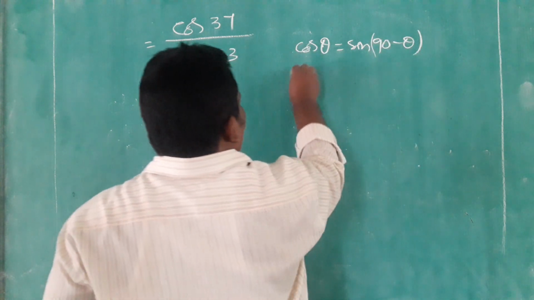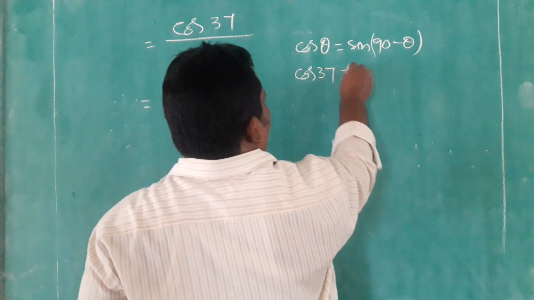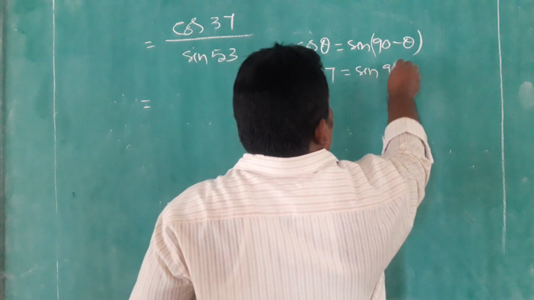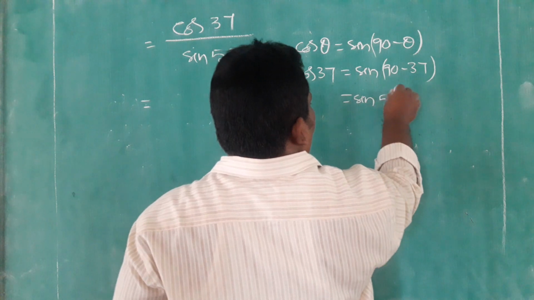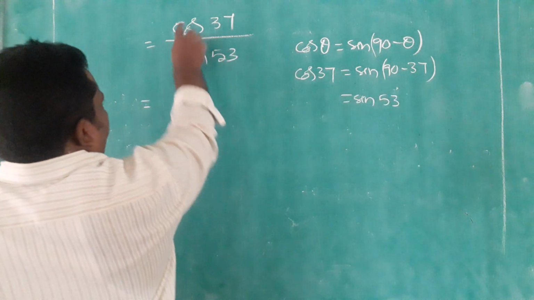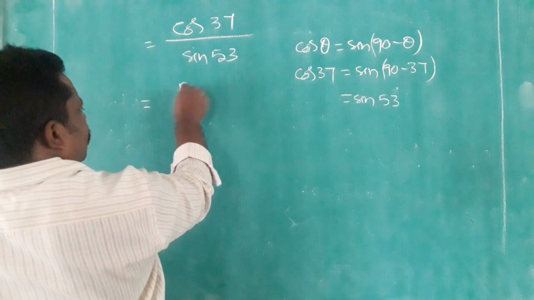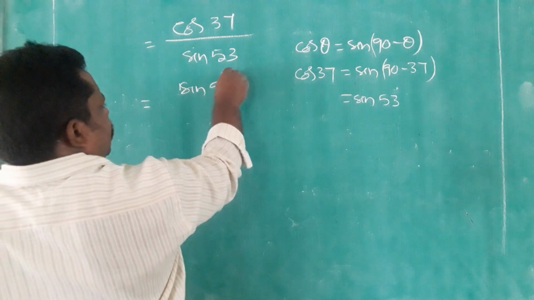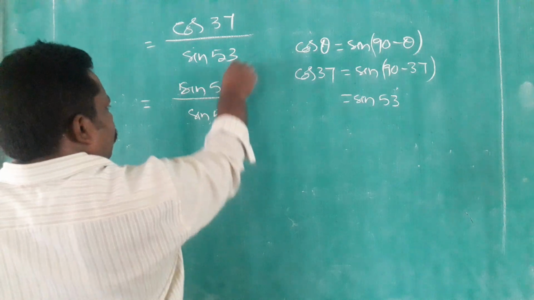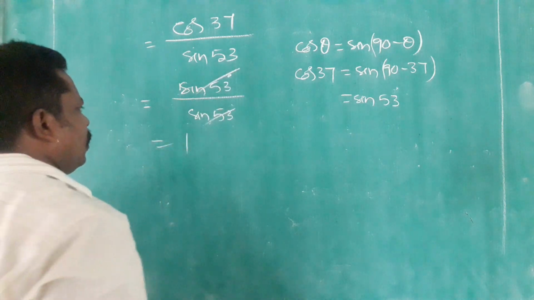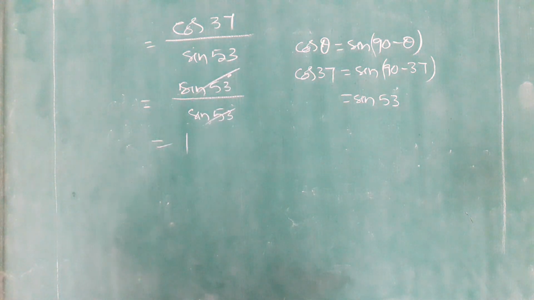That means cos 37 is equal to sin of 90 minus 37, which is equal to sin 53 degrees. Therefore, cos 37 can be written as sin 53 degrees by sin 53 degrees. Both get cancelled. Its answer is 1.